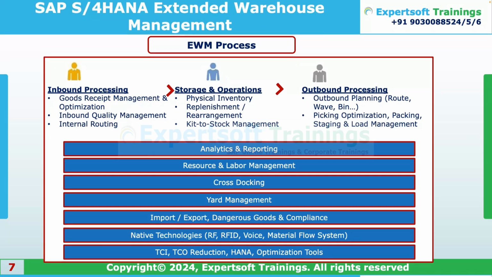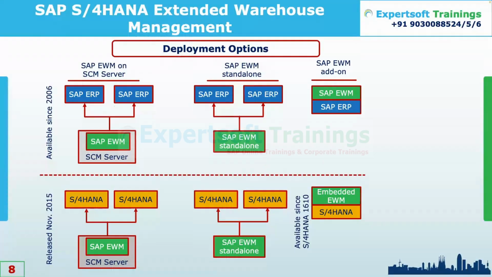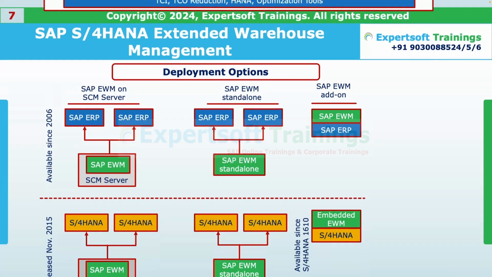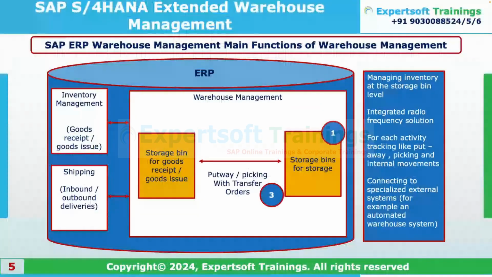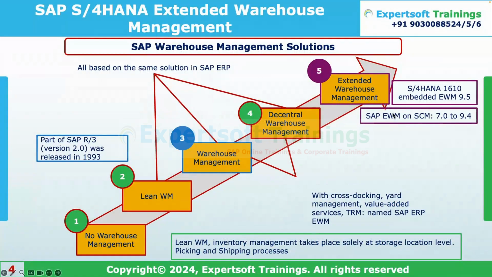Now we all understood that as EWM has some additional features and functionality, that's why it is very popular in complex warehouses where you have a huge warehouse facility. But how am I going to deploy my EWM system? Because we discussed two EWM options in our initial slide: EWM on SCM from 5.0 to 9.4, and embedded EWM on S4 HANA, which is 9.5, right?